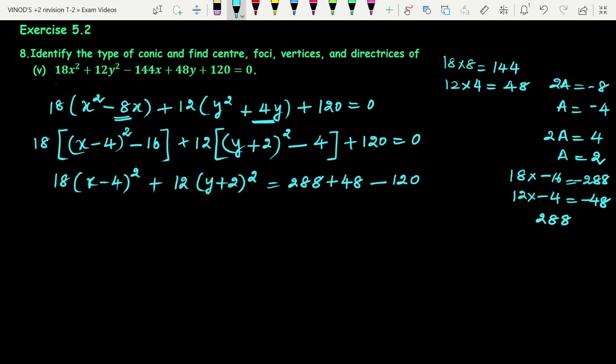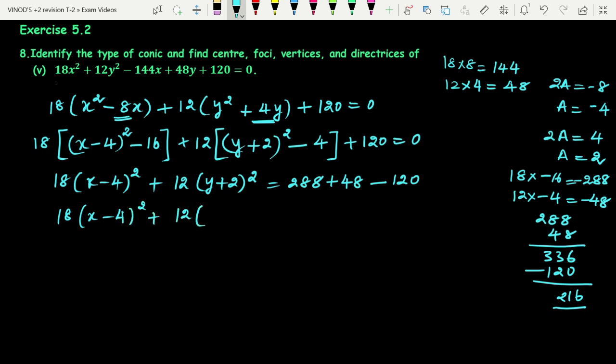Now 288 plus 48 is 336, minus 120 is equal to 216. So 18(x − 4)² + 12(y + 2)² is equal to 216. 216 is nothing but 18 into 12.